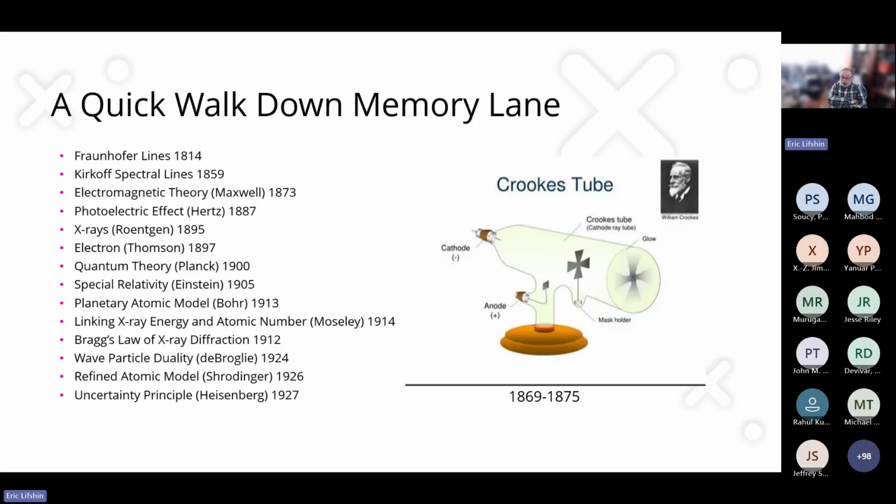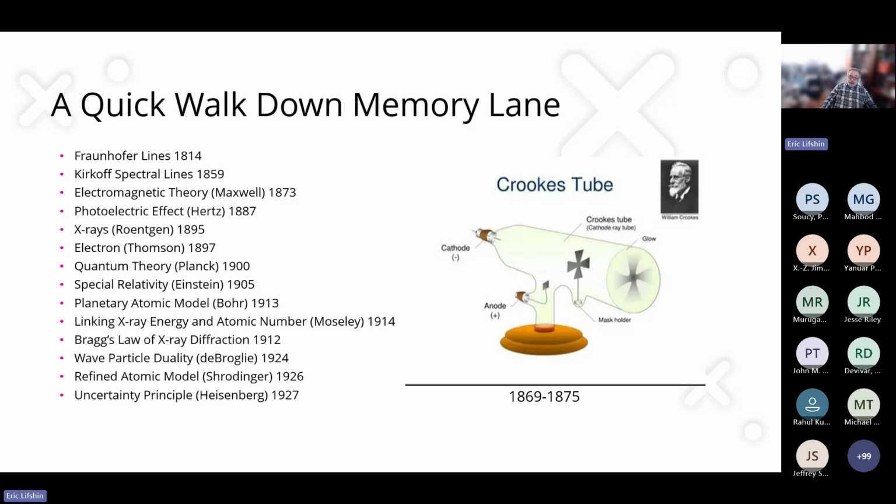As a matter of fact, when one of these tubes was covered up with some black paper, Röntgen, back in 1897, found out that a screen of something that he left on a workbench started to glow, and that was the discovery of X-rays.